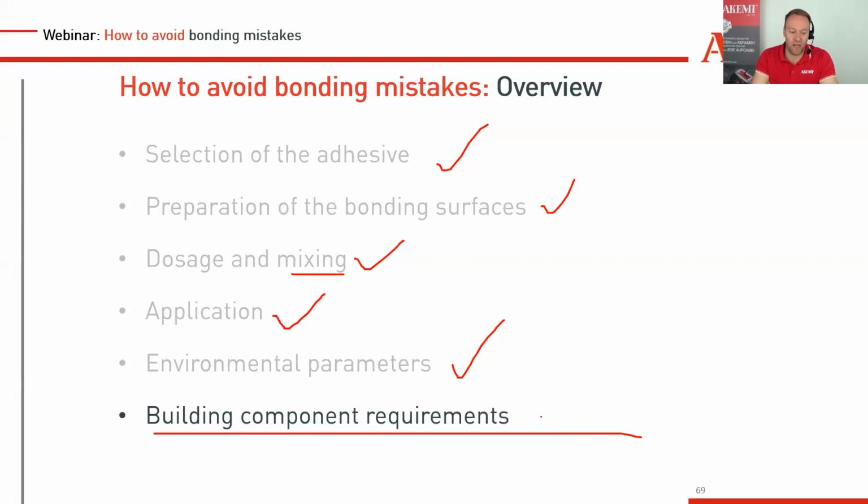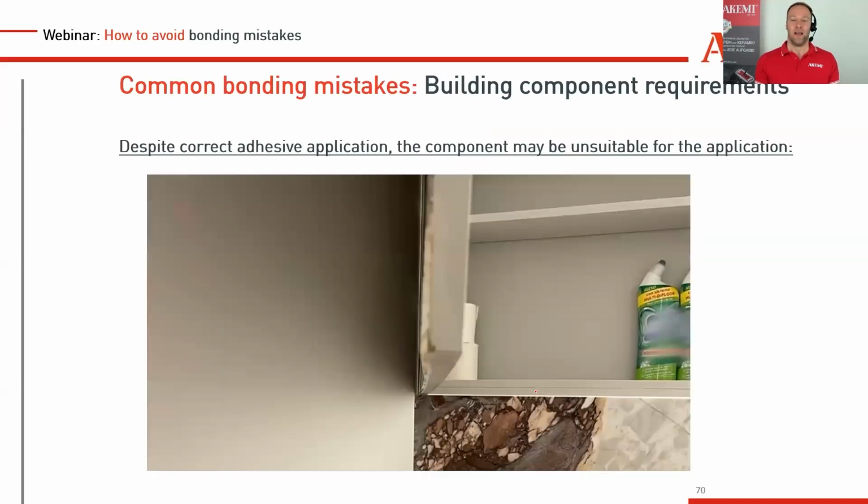The construction or the object, the building system itself, the requirements, can have a problem. What do I mean by that? Maybe this is not a proper English translation from the German, but I mean something like this. You have a wooden door of a cabin and you placed some natural stone on it.